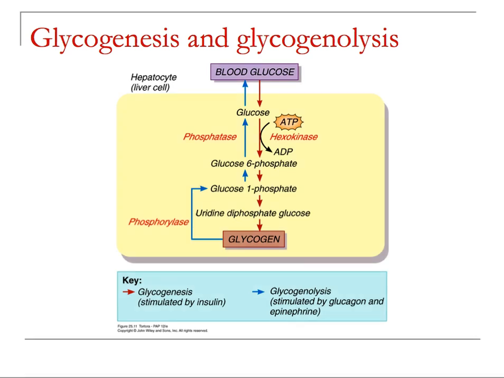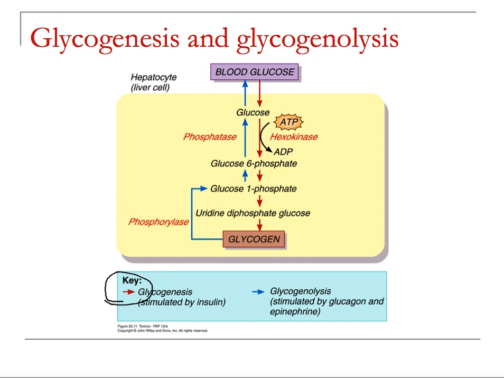What is very important to worry about here is, well, if we need to store glucose, right, what are we going to do? We're going to use insulin to actually convert glucose into glycogen.